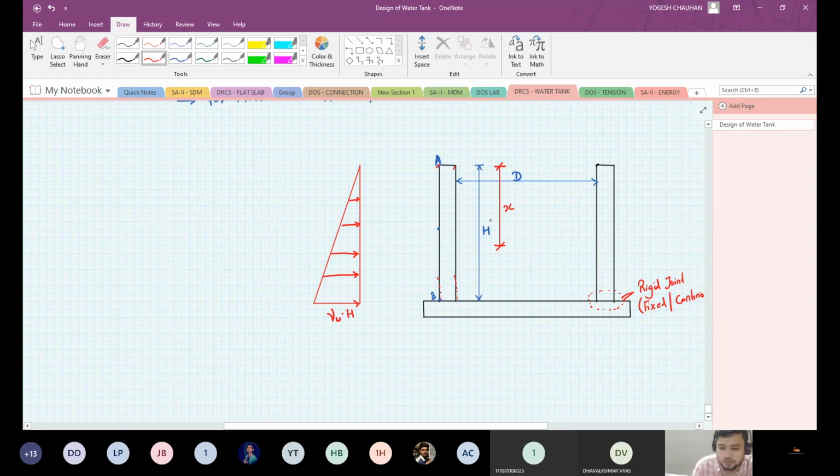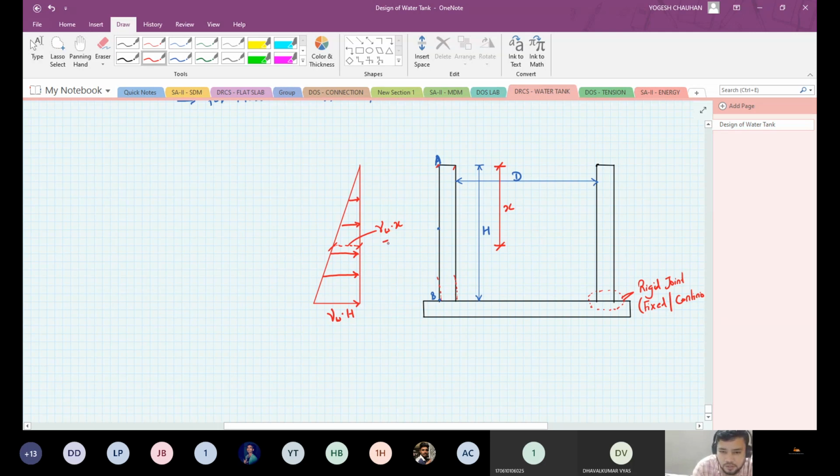At this x distance, the pressure at this level will be gamma w times x, because the pressure at that section is due to the water above it.